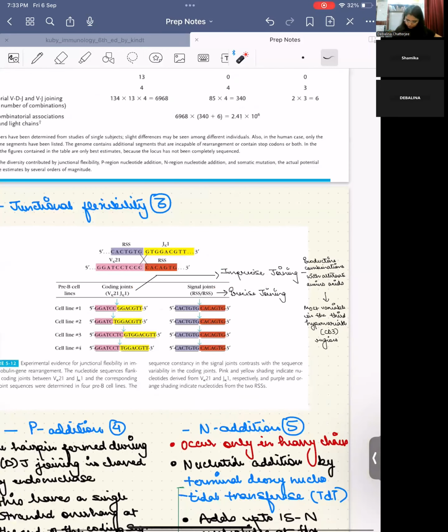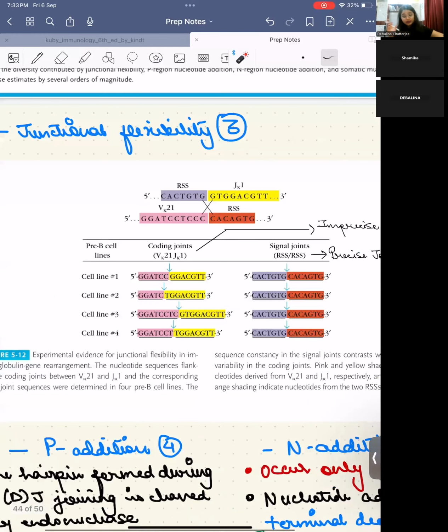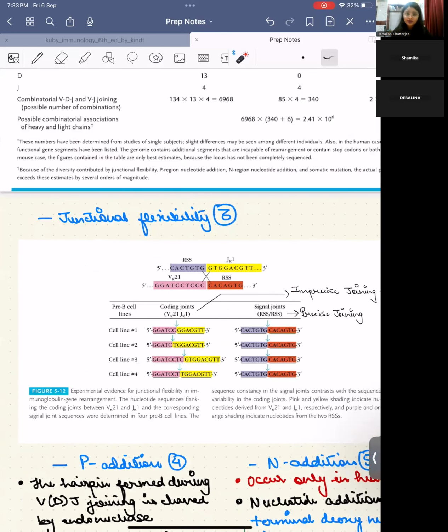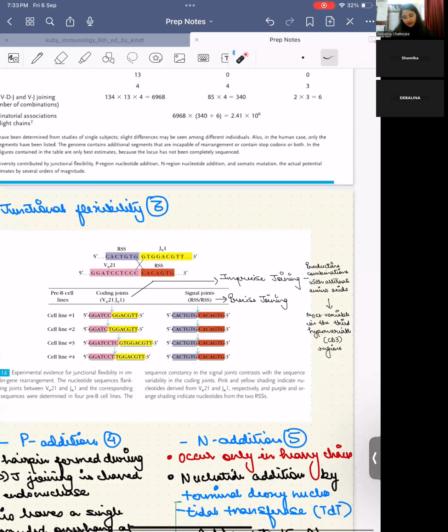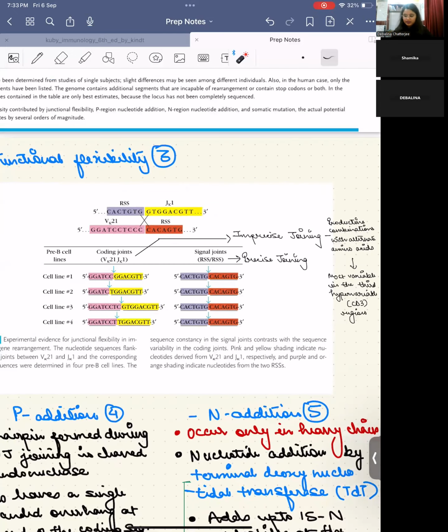Okay. So the third part, that is further enhancing the diversity, is the junctional flexibility. What is happening in junctional flexibility is when we have the signal joint. Remember, when the joints are happening, we have a coding joint which is being formed by the coding gene segments, which is either the V segment, J segment, or D segment.